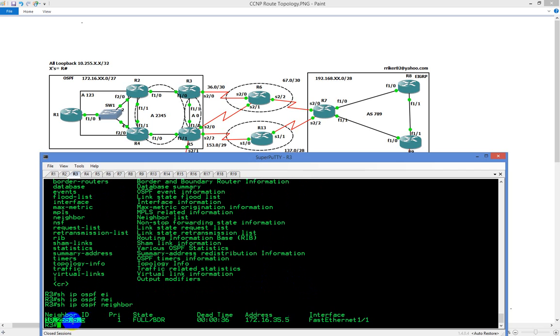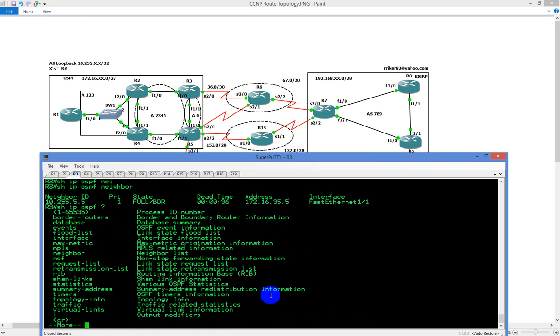This is router 5's address that we're using to peer with. Priority of 1, because that's the interface priority. Router 5 is fully peered with us, but he's a BDR. That's how much time he has left on his dead interval, and it should go no lower than 30 seconds, and then automatically reset to 40 seconds and count down because it's a 10-second hello timer.